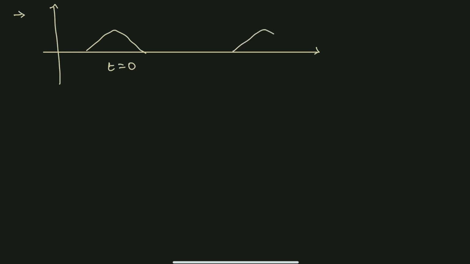In this wave, just imagine the first wave pulse is here at t equals 0. This wave pulse travels from here to here at time t. The distance traveled by the wave pulse from t equals 0 to t is vt.